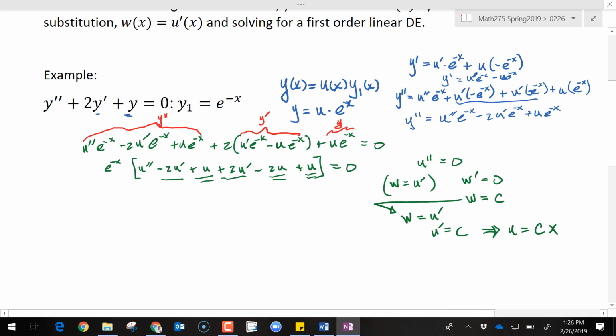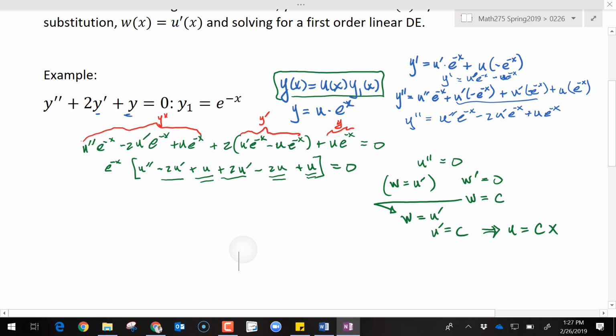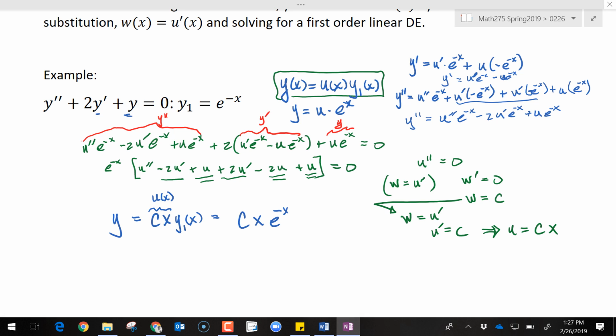So then if we go back to our original substitution here, y is equal to constant times x times y1. So this is going to be constant times x times e to the negative x. That's our second solution.